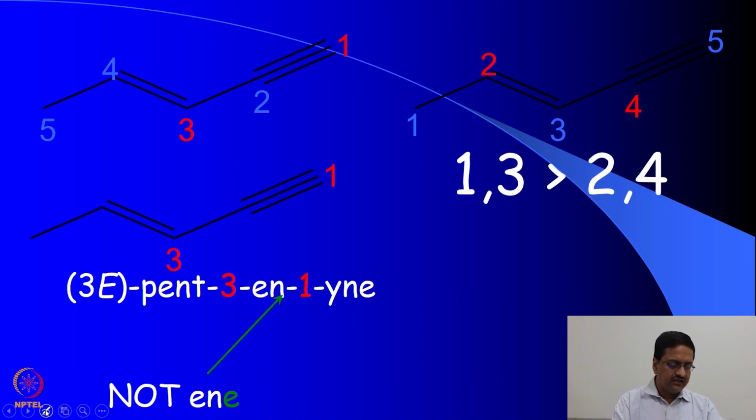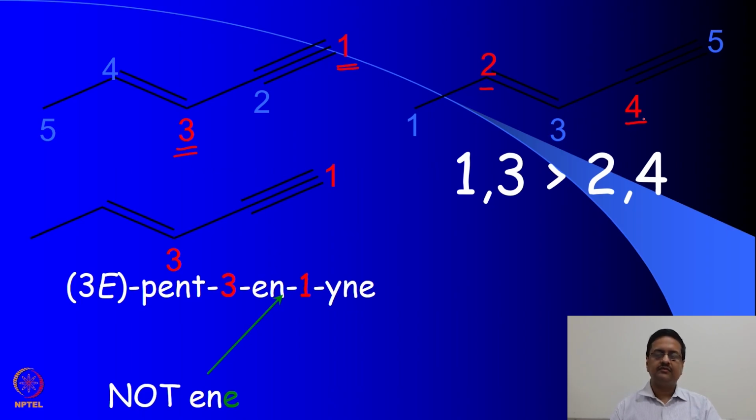When you number it from the right hand side, giving priority to the triple bond, the numbers are 1, 2, 3, 4 and 5. So, the numbers for the triple bond and double bond are 1 and 3, whereas if you number it from the other end, the positions of the double and triple bonds get numbering 2 and 4.